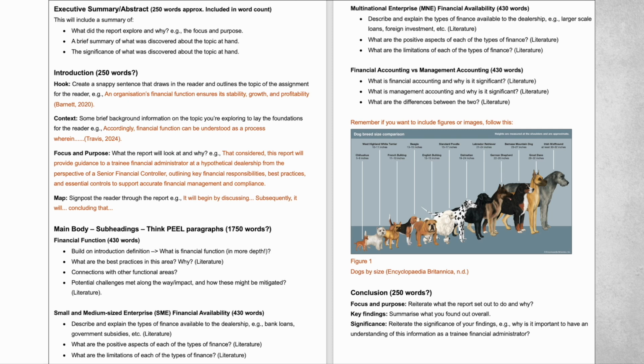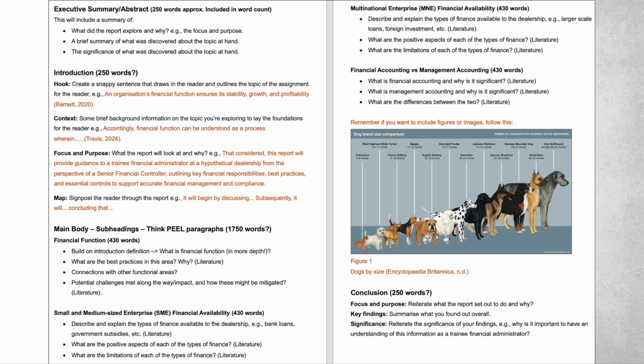Focus and purpose. What will the report look at and why? That considered, this report will provide guidance to a trainee financial administrator at a hypothetical dealership from the perspective of a senior financial controller, outlining key financial responsibilities, best practices and essential controls to support accurate financial management and compliance.